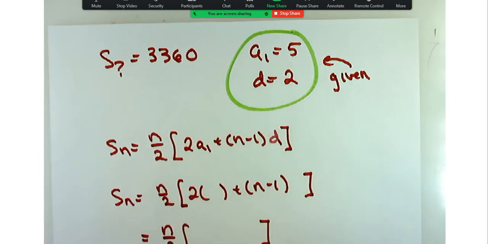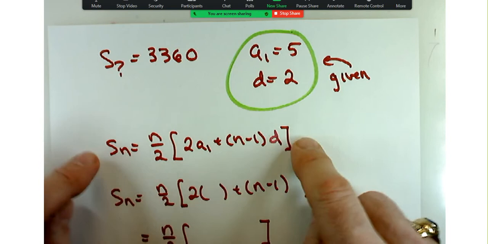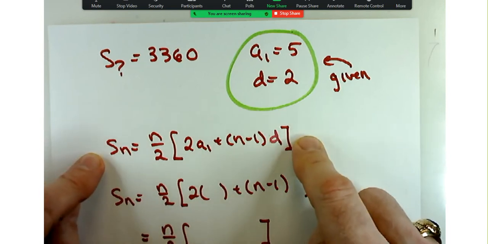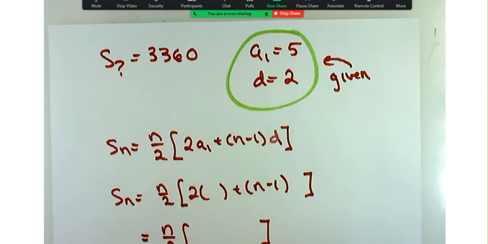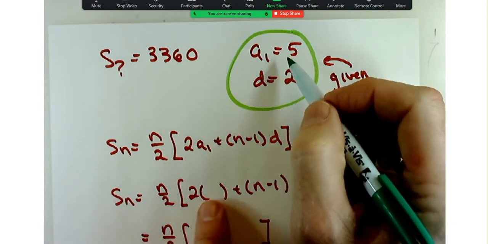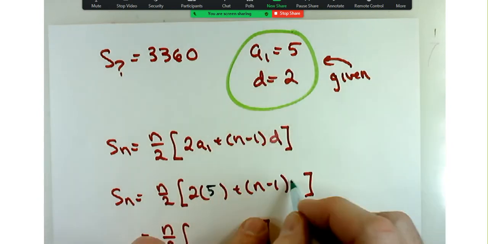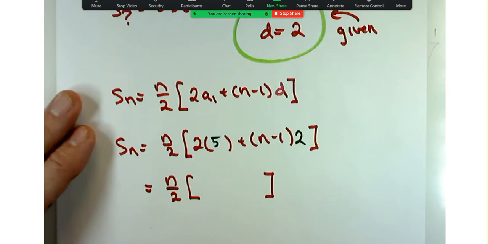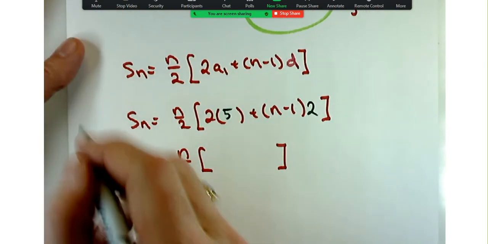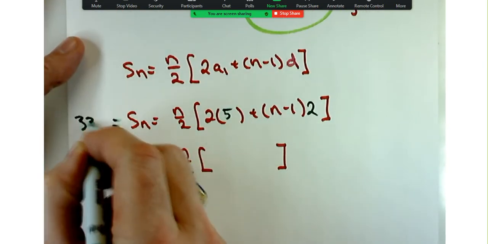Of the two formulas that I mentioned earlier, I'm going to choose this one because I don't need to know a sub n. I don't have a sub n, so I shouldn't mess with that. Let's fill in a sub 1 is 5 and d is 2, and the other thing I can fill in is that this is 3,360.